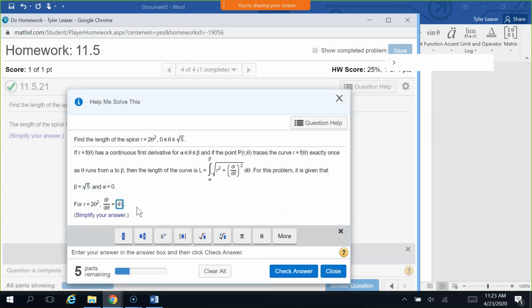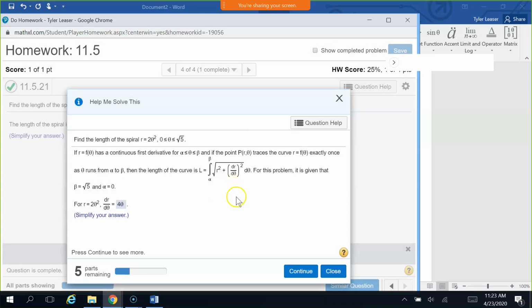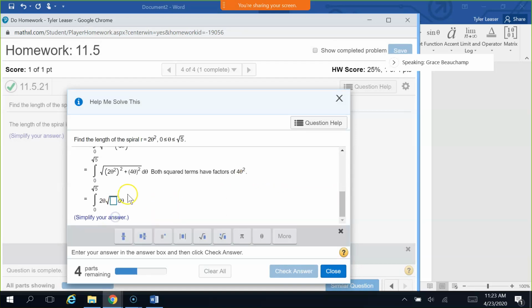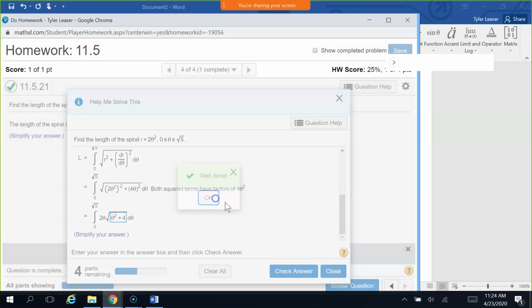So we do that part. That's 4 theta. We did all that stuff. That came out to be that theta squared plus 4, I think. Yep.